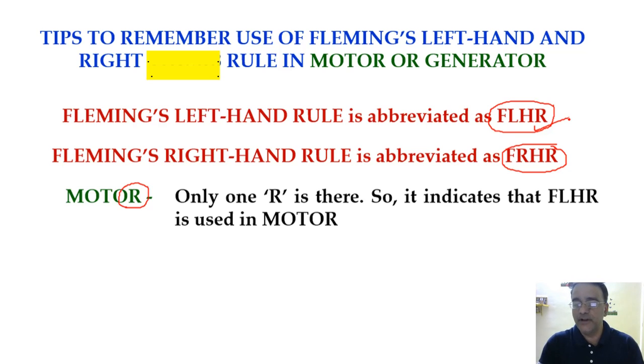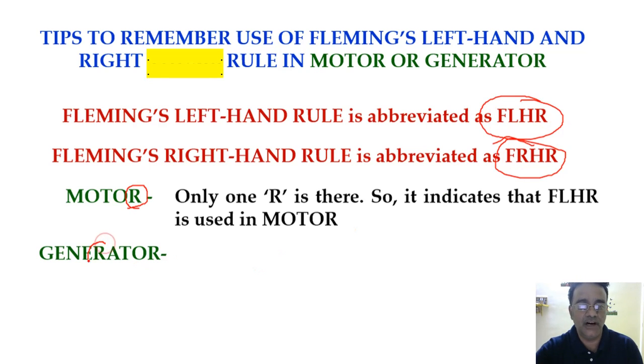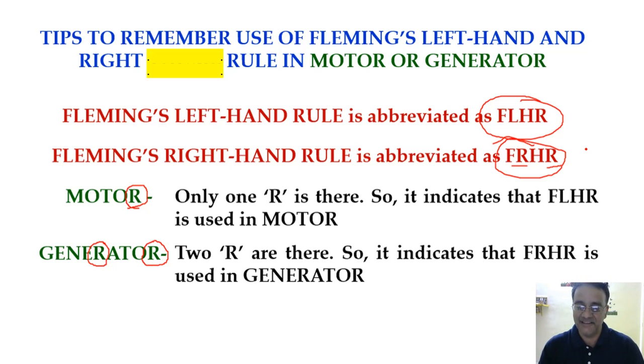This is not a rule, just a tip to remember. Now we will take up generator. How many Rs are there? 2 Rs. I am telling you again, this is not a rule, this is only a tip to remember. So generator में 2 R है. Now in which abbreviation are there 2 Rs? FRHR. That means it indicates that Fleming's right hand rule we have to use in generator. So these are the tips to remember whether Fleming's left hand rule or right hand rule is used in motor or generator. I hope the tips are clear to all of you.